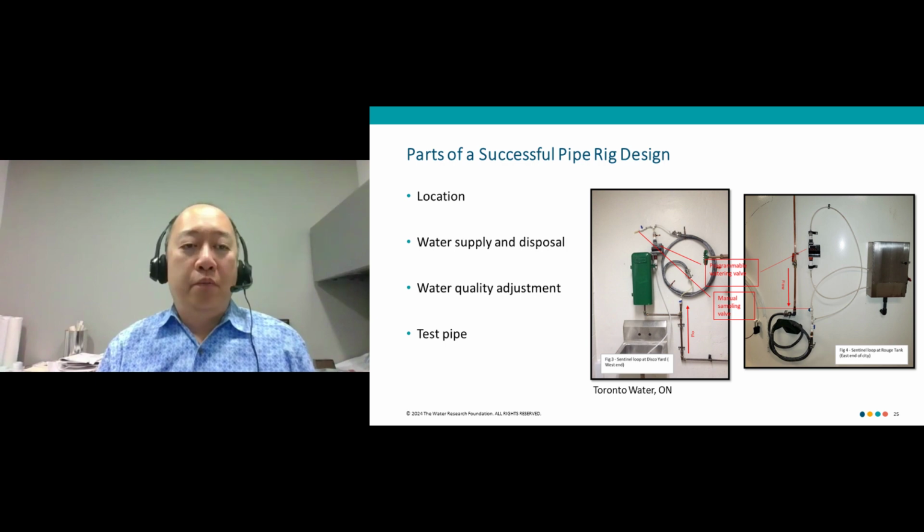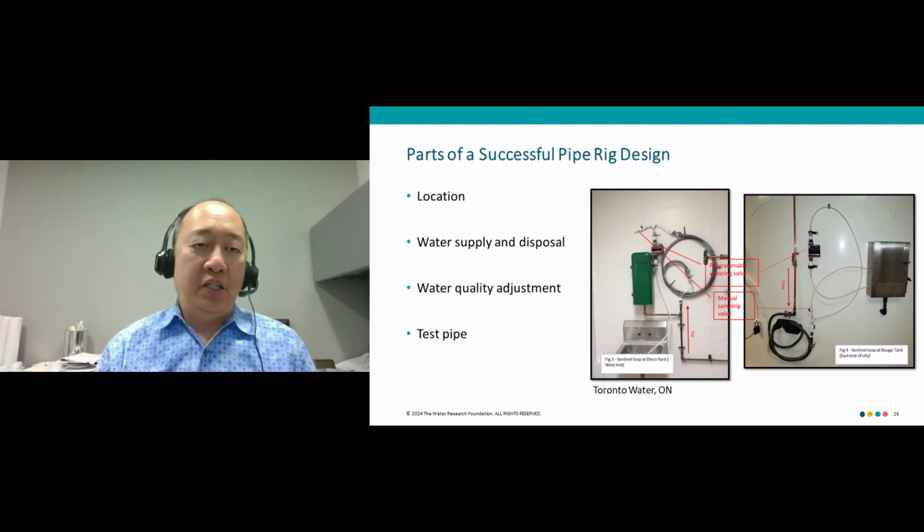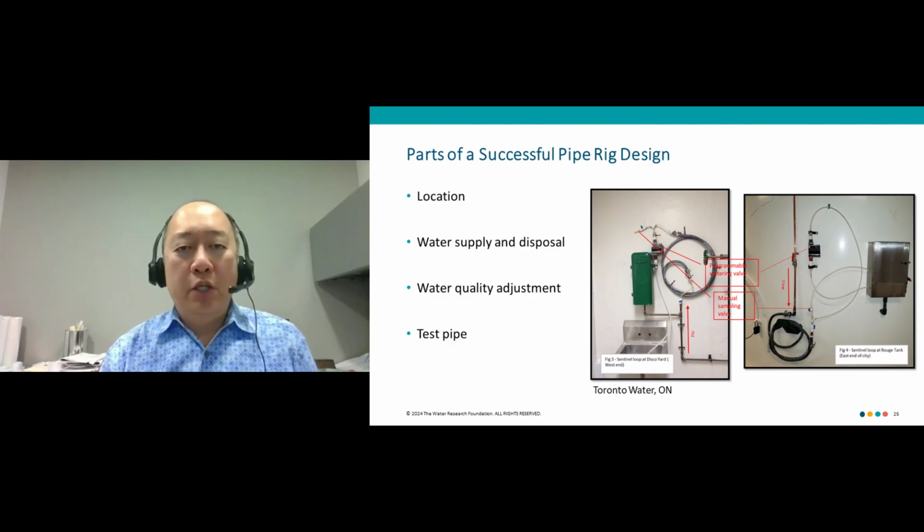The last one, which the utilities had indicated in the study was really key to making a pipe rig study successful, was the test pipe. I won't talk too much about that. That will be in the operations section led by Rebecca, who will be after me. So let's start off with location.